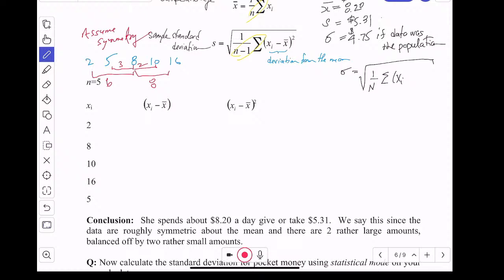If I had all the data, so for instance, if I had all the GPAs of students at the UPR in finance, then I would use this calculation to estimate the standard deviation.